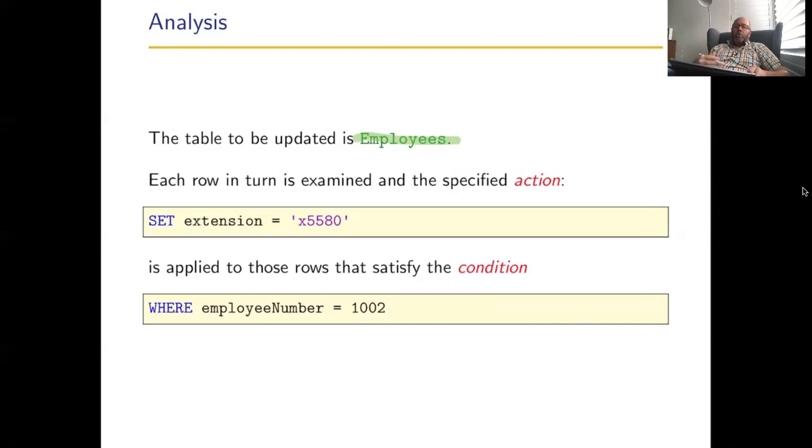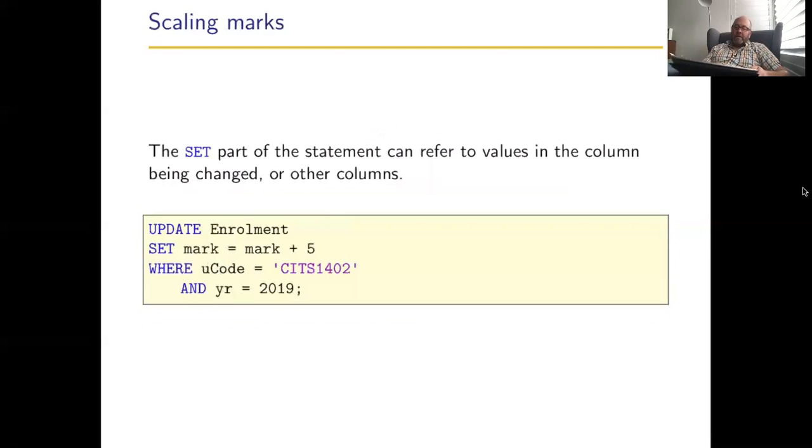Each row is examined, and then the action that was specified, the setting of the extension, will be applied only to the rows that satisfy the condition. There's really only one slight subtlety, which we'll come to in the next slide or two.